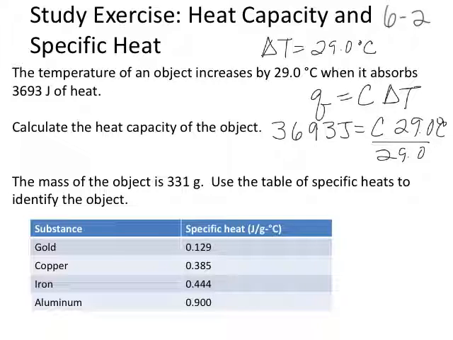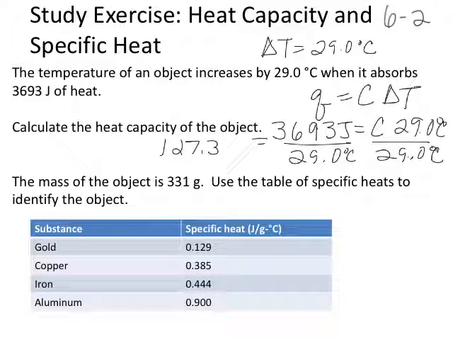You divide both sides by 29.0 degrees Celsius, and it ends up equaling 127.3 joules per degree Celsius.